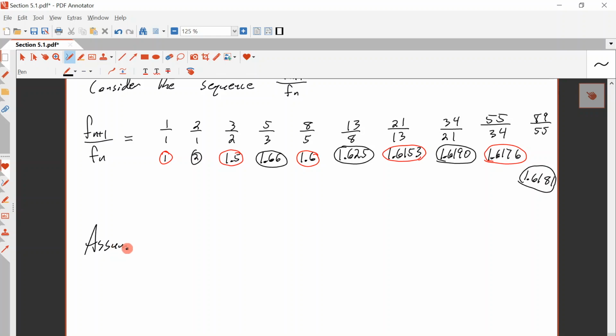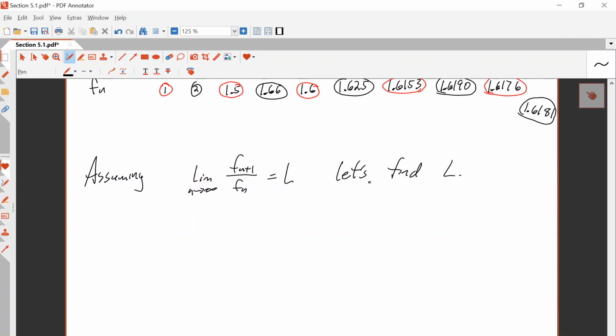So assuming the limit as n goes to infinity of Fn plus 1 over Fn is equal to L, let's find L. All right, well, L is equal to the limit as n goes to infinity of Fn plus 1 over Fn. Well, Fn plus 1 is the sum of the two previous terms.